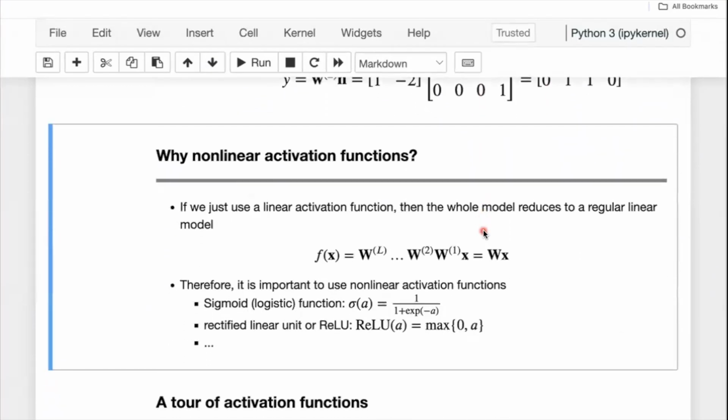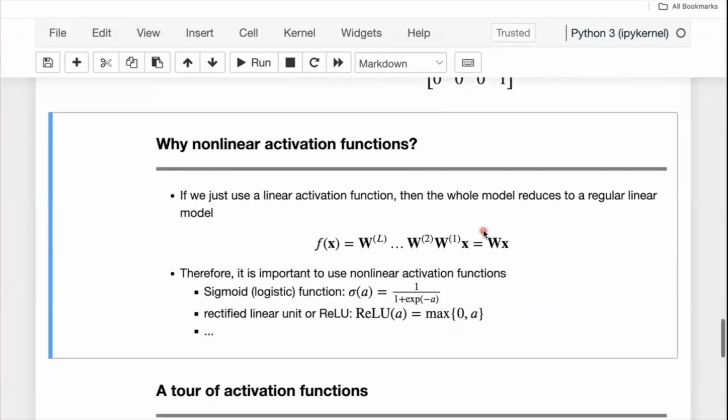Something that we need to discuss here very briefly is why should we even use nonlinear activation functions? And is it really necessary? The answer is yes. If you don't use any nonlinear activation functions, then the first transformation that you have is a simple matrix multiplication.